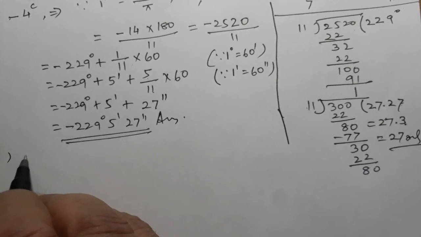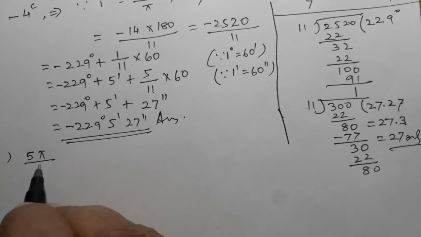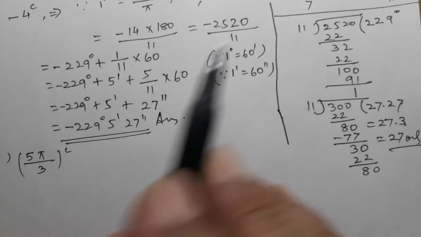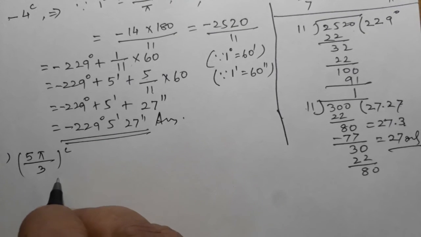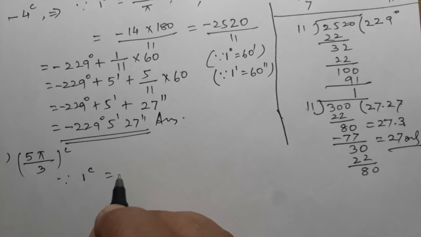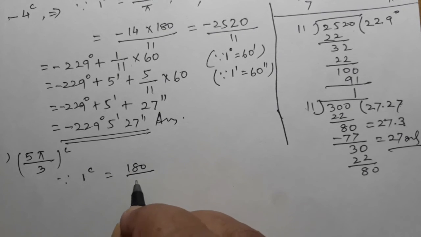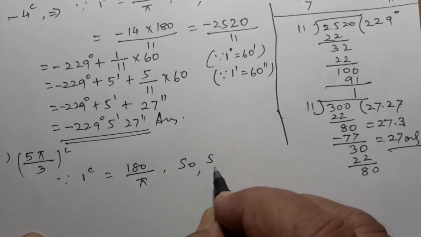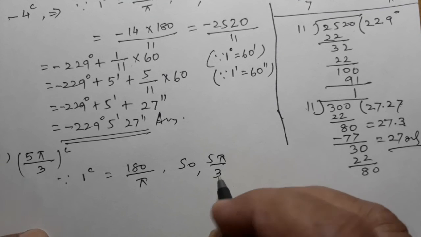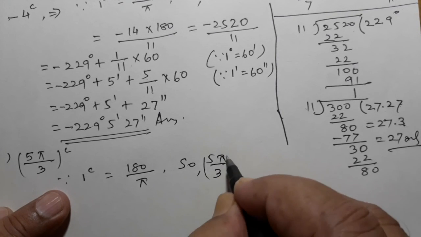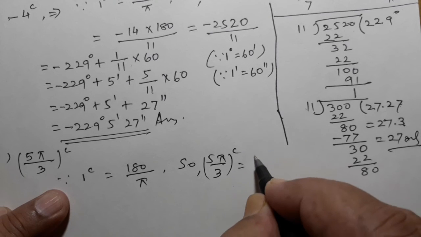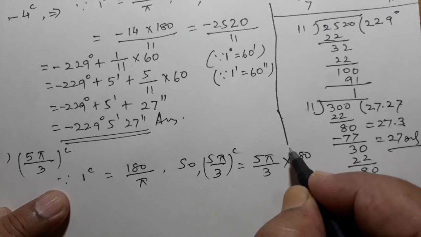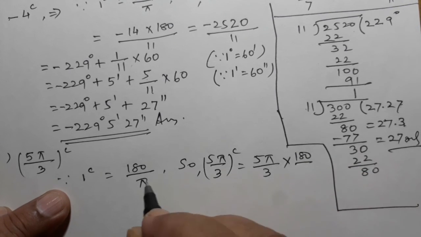Third question is 5 pi by 3. This is radian. We have to change into degree. So we shall write, since 1 radian equal to 180 by pi, so 5 pi by 3 radian will be equal to 5 pi by 3 into 180 by pi.